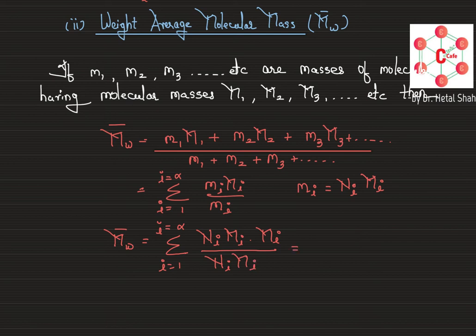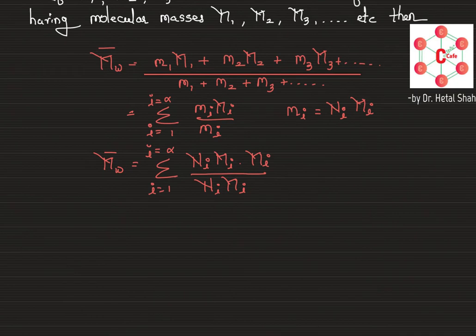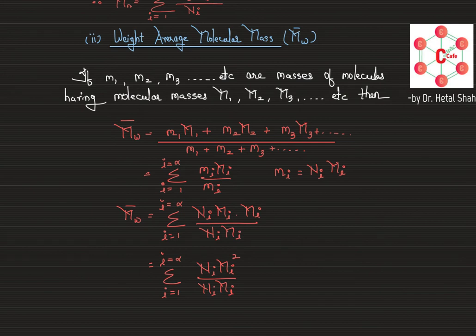Now this would give us, summing up i equals 1 to i equals infinite, Ni Mi squared upon Ni Mi. So this is the final equation which allows you to calculate the weight average molar mass or molecular mass.